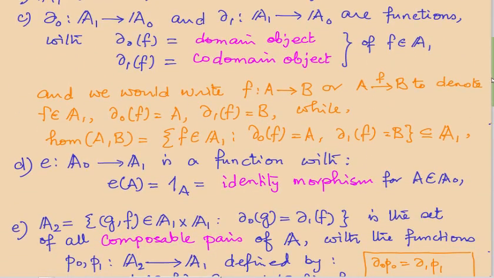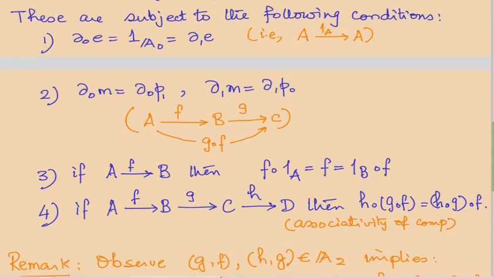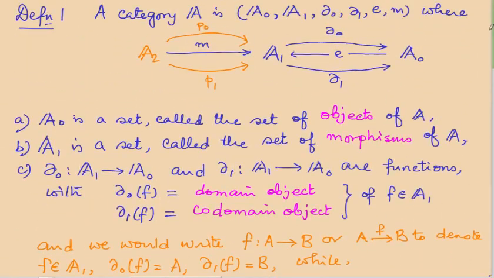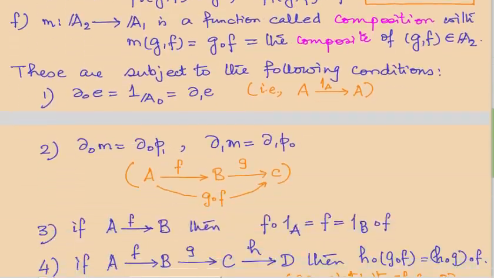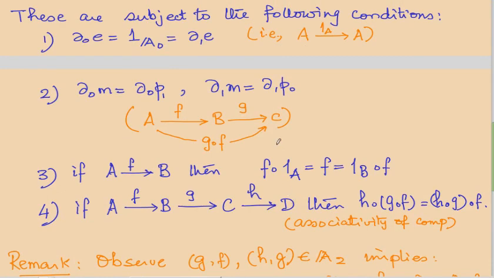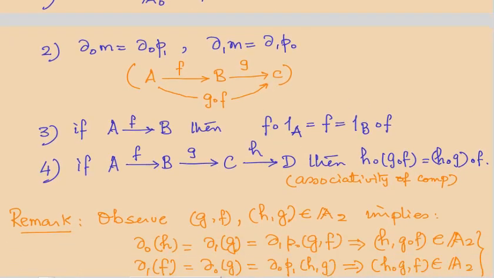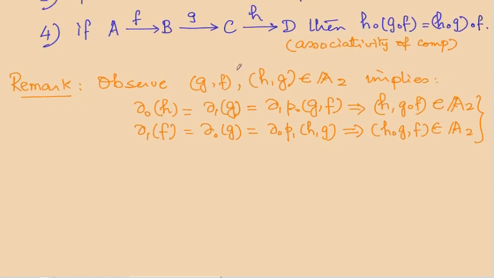So whenever we are going to specify a category, we will actually have to specify these two sets, these 4 functions, and check these 4 equations. Many a time just drawing pictures will be sufficient, and we will now look into some examples.